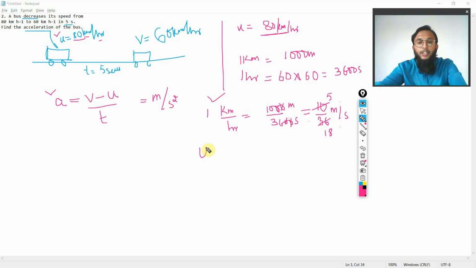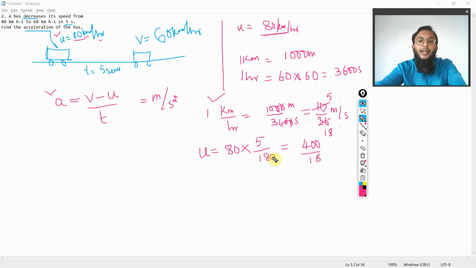Let's do it. Initial velocity u is equal to 80 kilometer per hour, but we don't want kilometer per hour, we want meter per second. So we'll multiply 80 into 5 by 18. 8 5s are 40, so it will be 400 by 18.